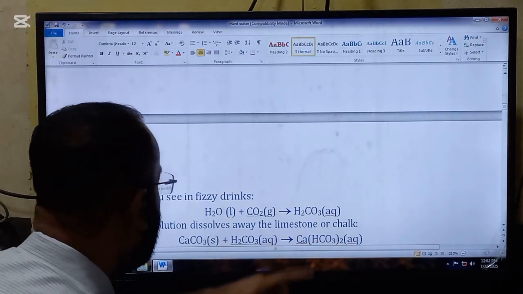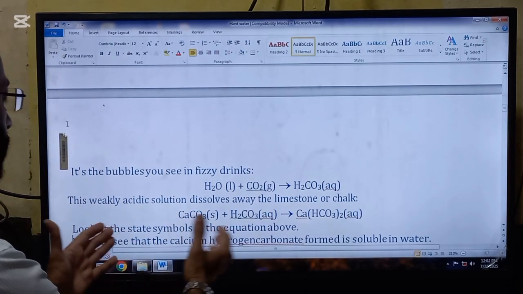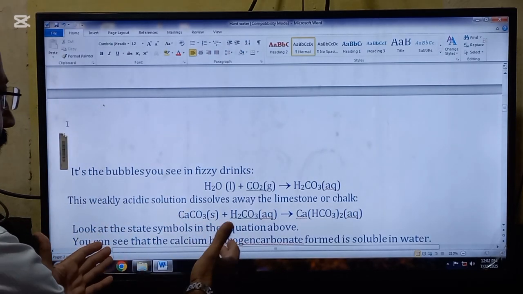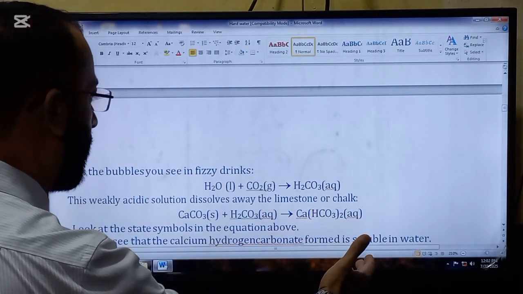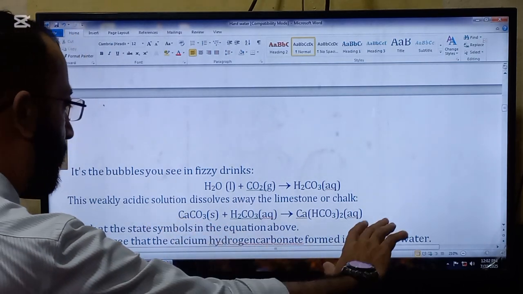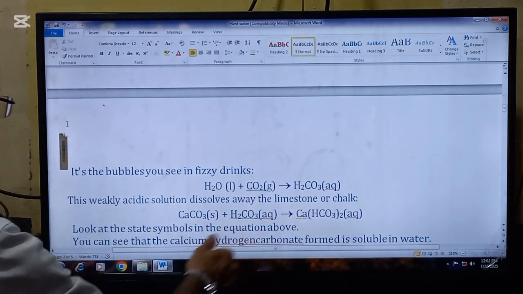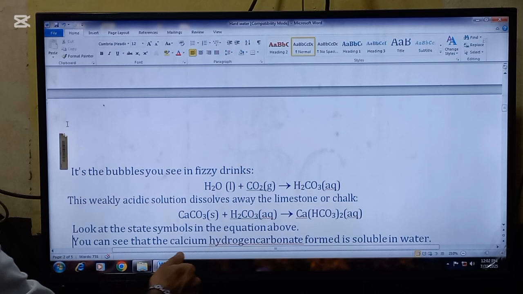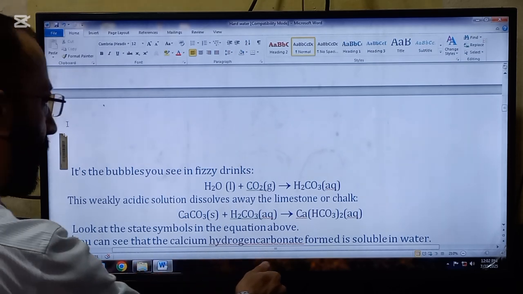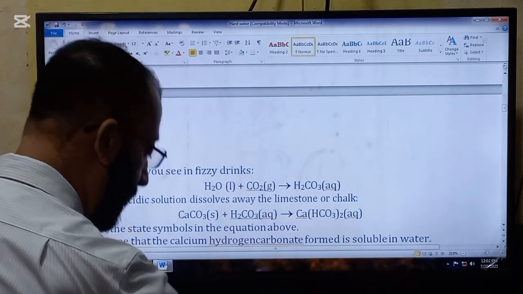So hydrogen carbonate, when it reacts with calcium carbonate, makes calcium hydrogen carbonate. So this dissolves away the limestone. Look at the state symbols in the equation above. You can see that the calcium hydrogen carbonate formed is soluble in water.